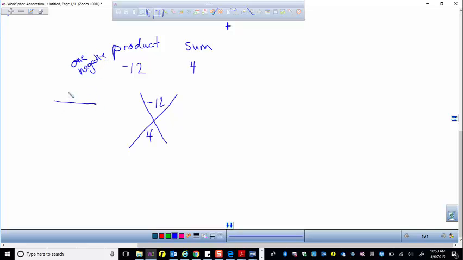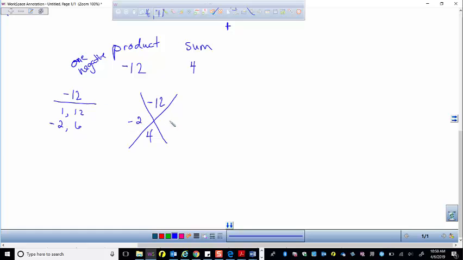So I can put my factors here for negative 12. I have 1 and 12. If I make them negative, I would have like negative 1 or negative 12. There's no way to get 4 out of that. If I do 2 and 6, let's think about that. If I make the 2 negative, I'm going to try it.